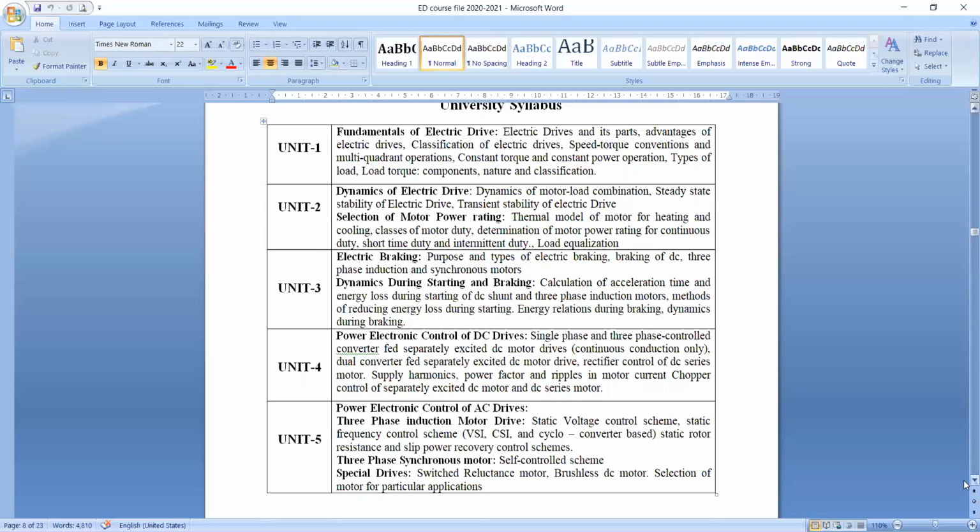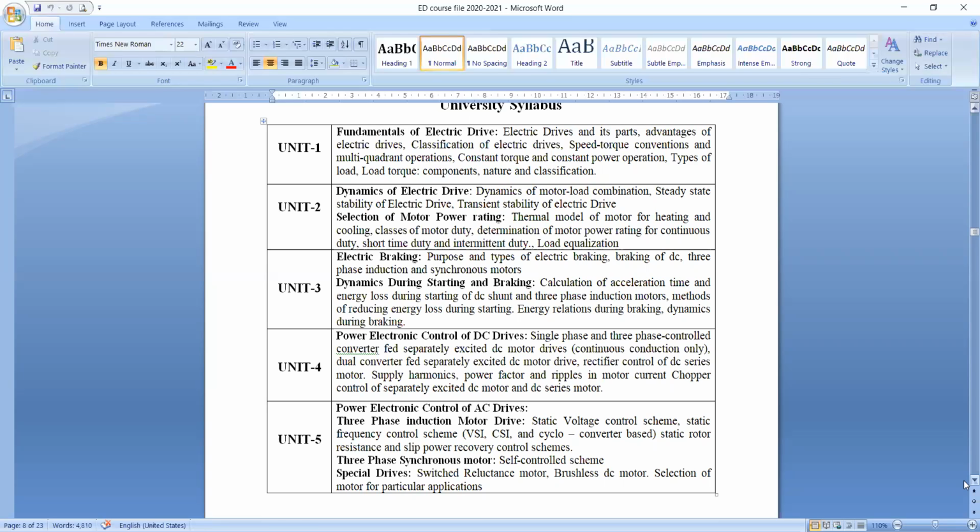So this is a very important subject, and it requires the knowledge of power electronics as well as machines. Basically, we can understand a drive by taking an example. Take the example of a fully automatic washing machine. A fully automatic washing machine is also an example of an electrical drive.